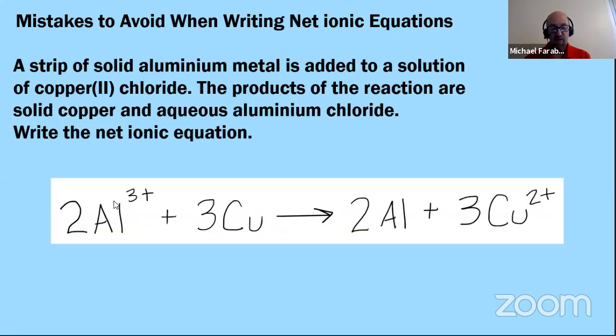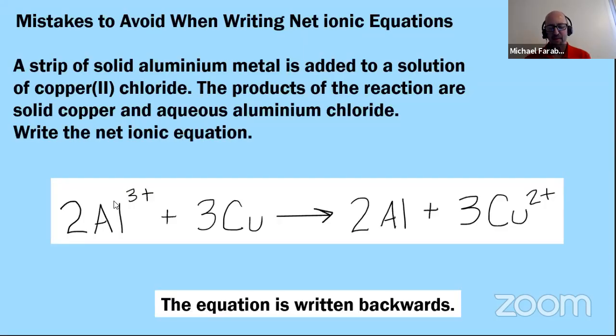So this one looks really good in terms of atoms and charge. Hopefully you can see what they did wrong. It's a fine equation except for one important detail. It is written backwards. So the aluminum should be on the left in the form of 0 or no charge, and the aluminum ions should be on the right.